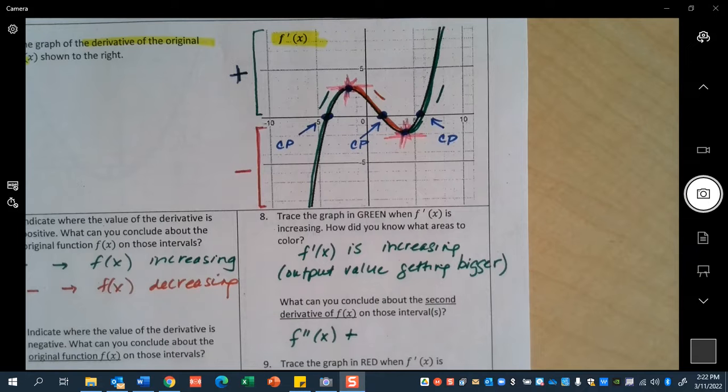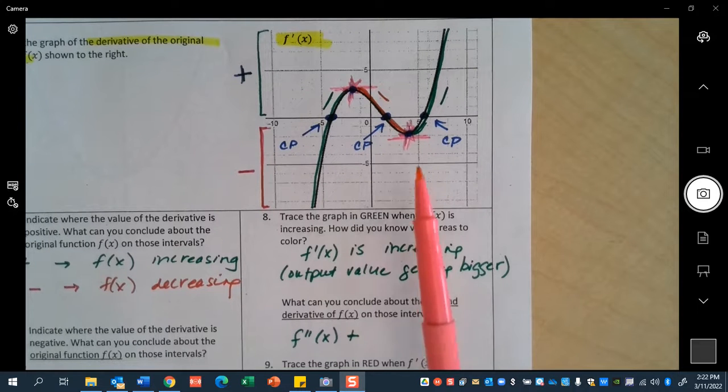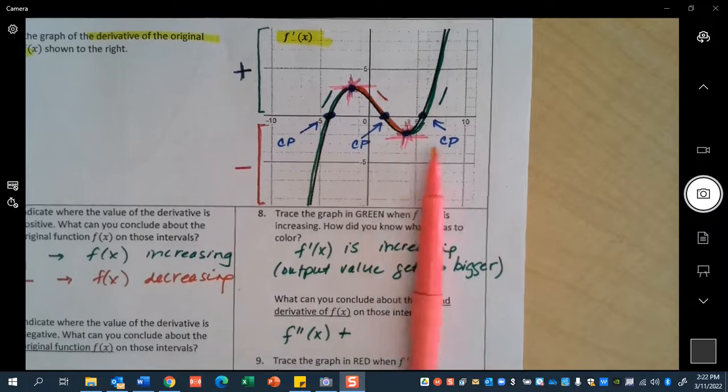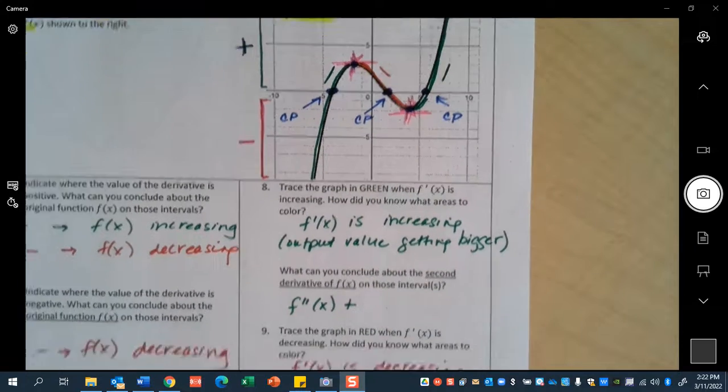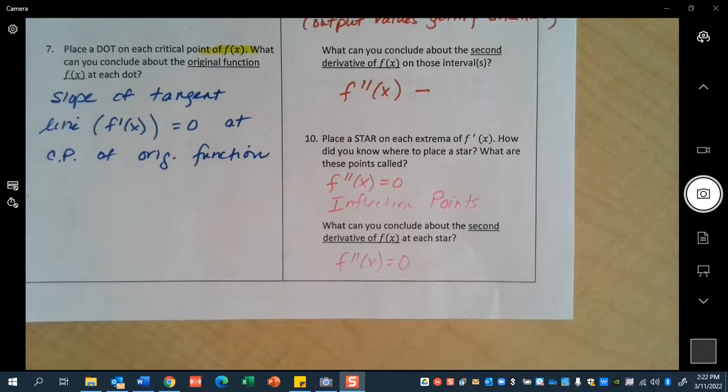My inflection points are going to be where my second derivative is equal to 0. So the derivative of my derivative, the slope of the tangent line of my derivative, is equal to 0.